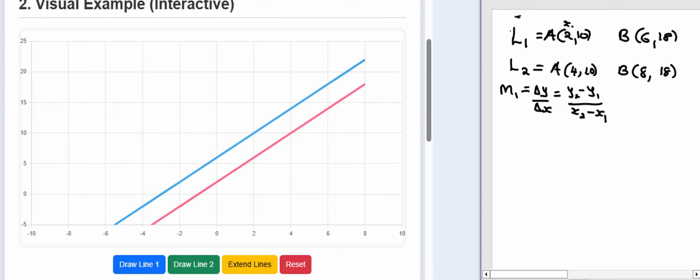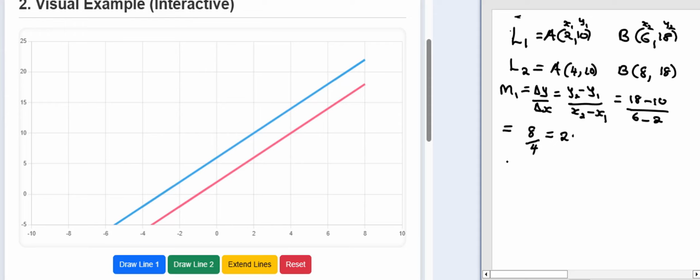So this is x1, this is y1, this is x2, and this is y2. So I just need to replace them here. If y2 is 18, I subtract y1, which is 10, then divide by x2, which is 6, minus x1, which is 2. I get 18 minus 10 is 8, and 6 minus 2 is 4. So I get 2. And the gradient of line 1 is 2.